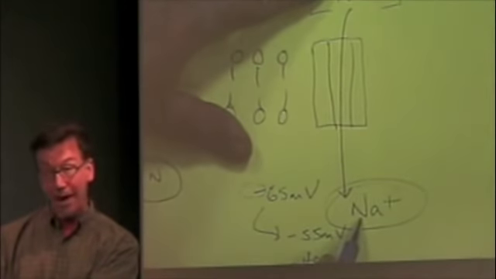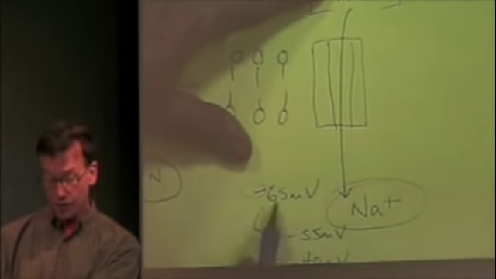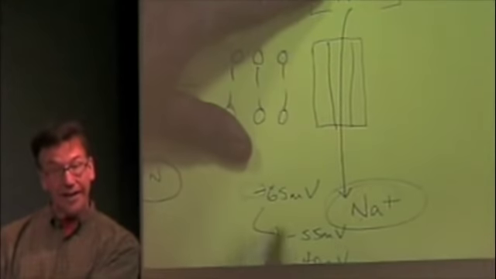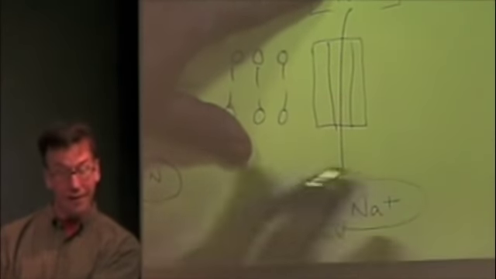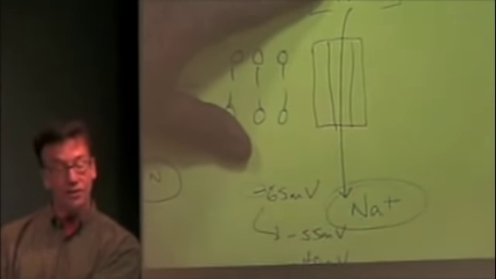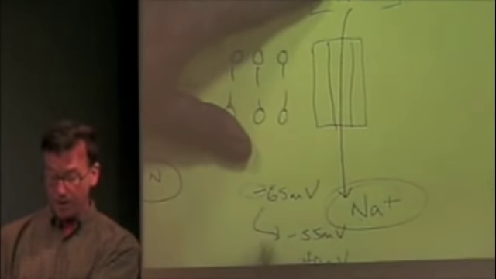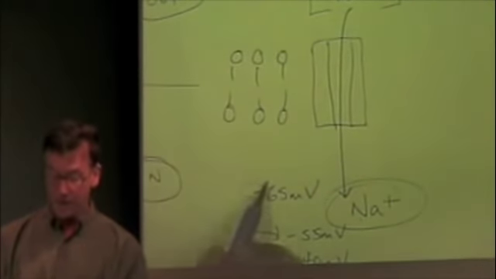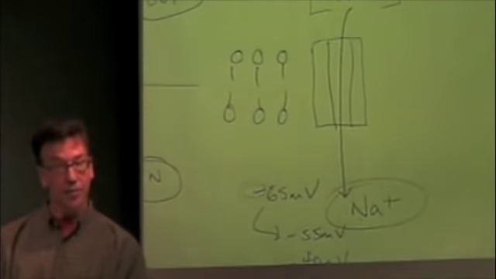And by bringing in positive charges, you are going to reduce the negativity of the inside of the neuron, and depolarize this cell, from minus 65 to minus 55 to minus 40 millivolts.